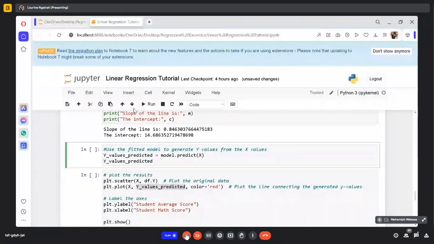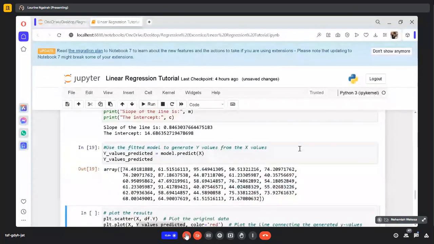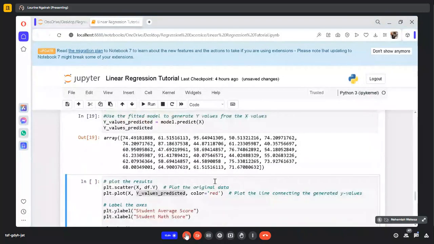Let's just run this. I hope you guys are understanding these codes. So these are our Y values. These are the values that we will use to plot the line of best fit. I hope that is clear.